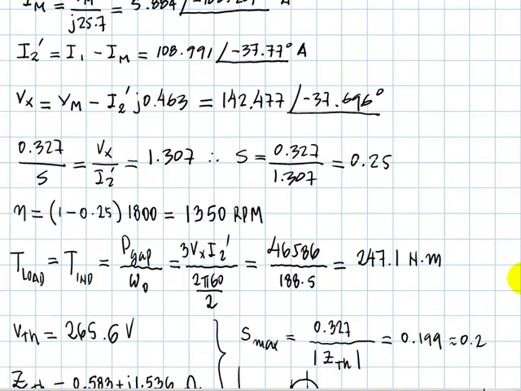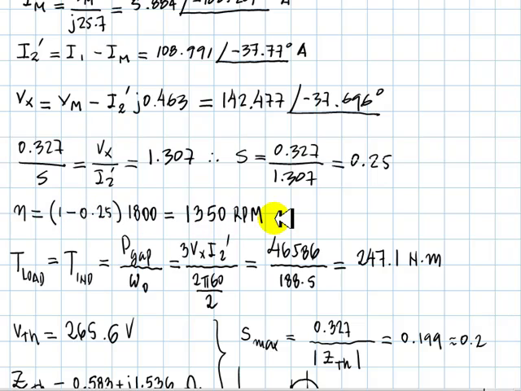The velocity of the motor is 1 minus s times the synchronous velocity in RPM, which is 3600 divided by the number of pole pairs, 2, that is 1800, times that, 1350 RPM.